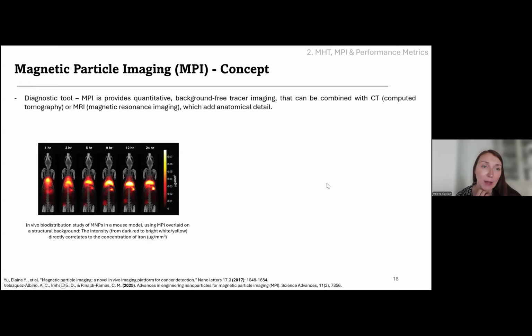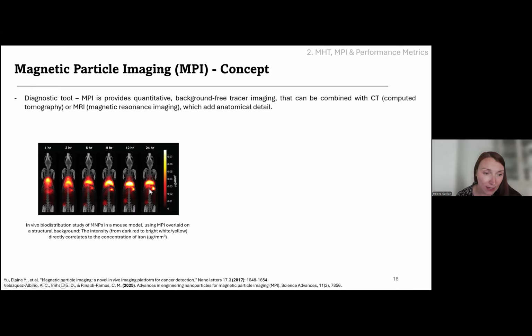The next application that we will see today is magnetic particle imaging, and here I will be very brief because we had other webinars about it. We know that it's a diagnostic tool that provides quantitative, background-free tracer imaging that can be combined with other modalities like computed tomography or MRI, which would add anatomical detail.